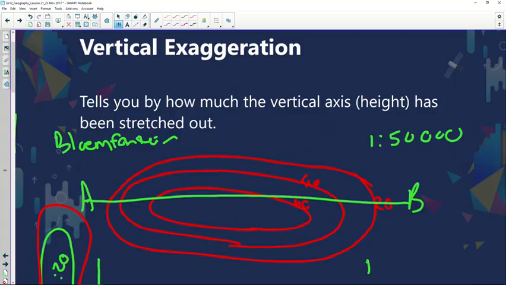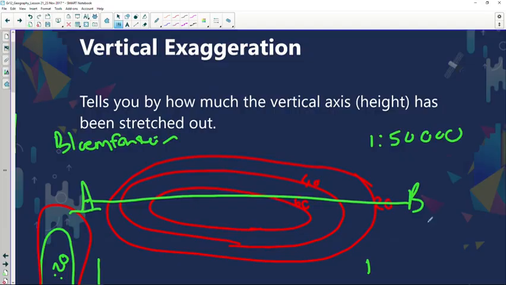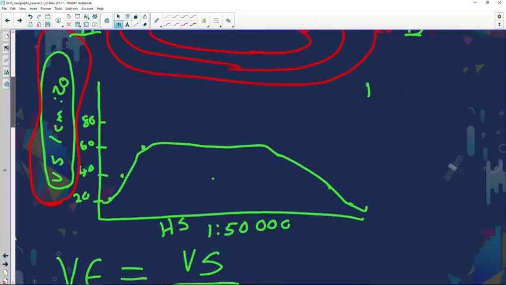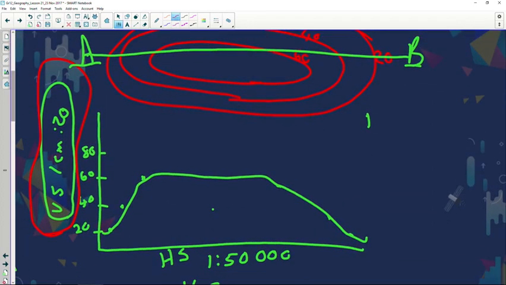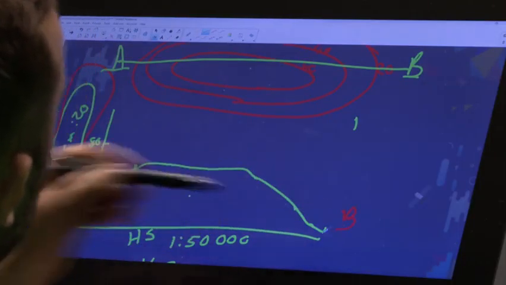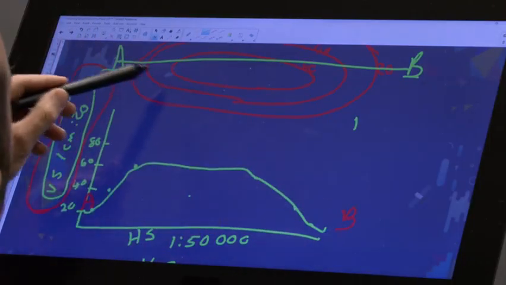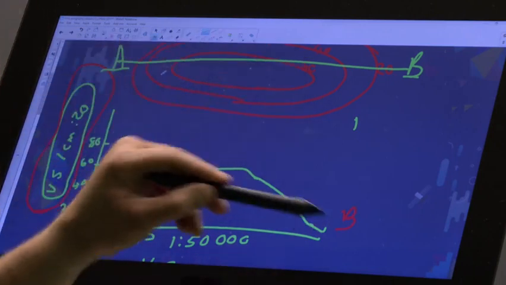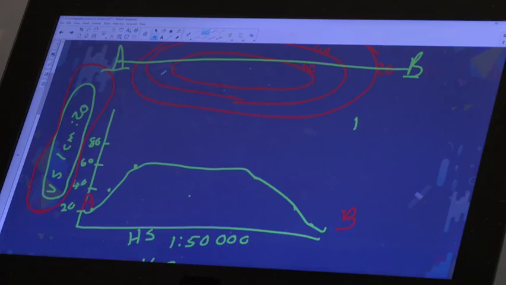I quickly want to go back to the cross section, and our next topic that I want to discuss with you is intervisibility and visibility. Intervisibility means if you are standing at point A, for instance over here, and I'm standing at point B, will we be able to see one another? Now in this case, will we be able to see one another? If that is where A is situated over there, and this is where B is? No. Why not? Because if you follow the contour lines, there's an increase of contour lines, there's a landform in between us.